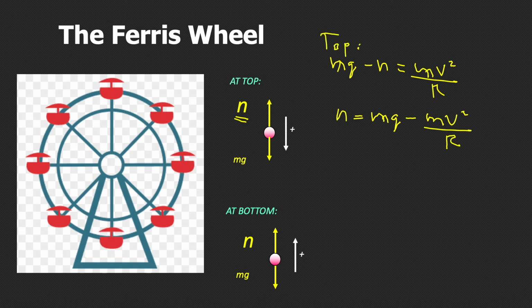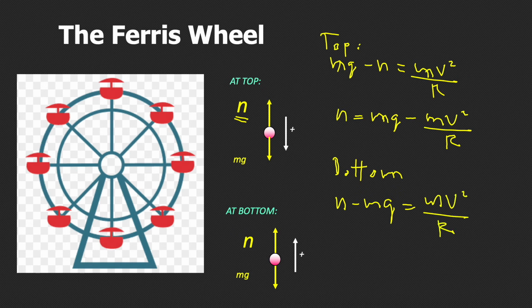While at the bottom, again N is in the opposite direction to mg, but this time N has a positive direction since it's directed towards the center. So that gives us, at the bottom, N minus mg is equal to mv squared over r.